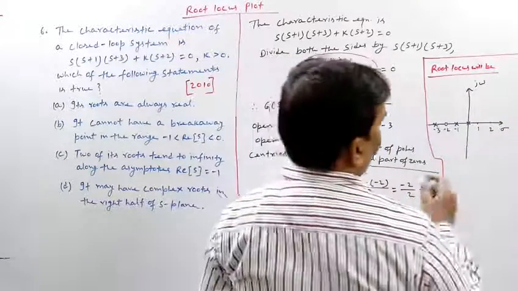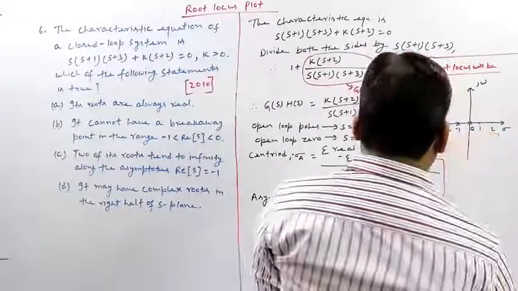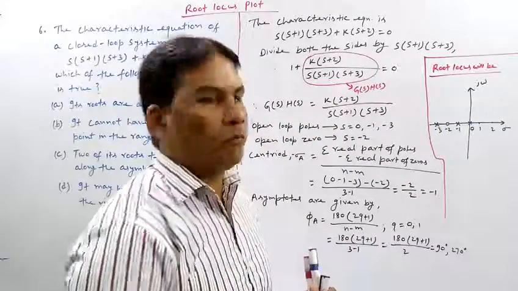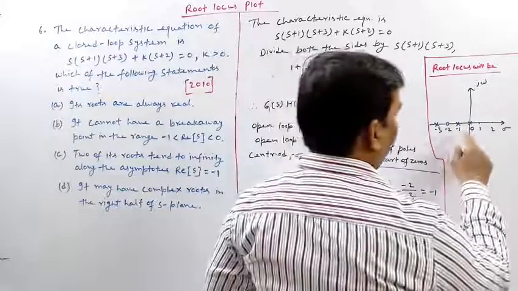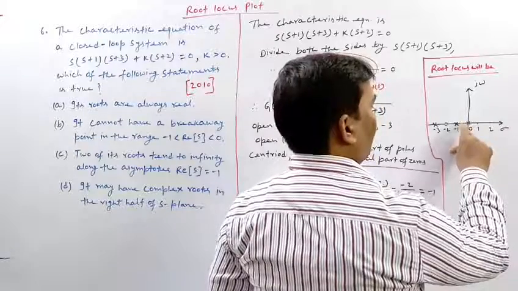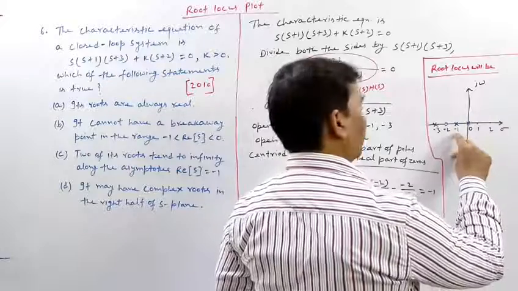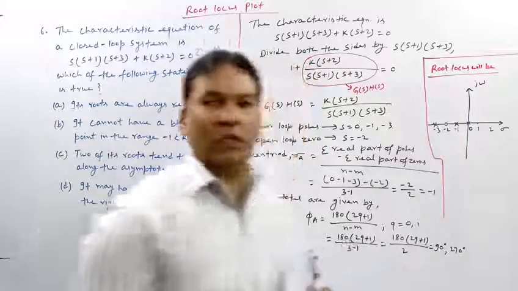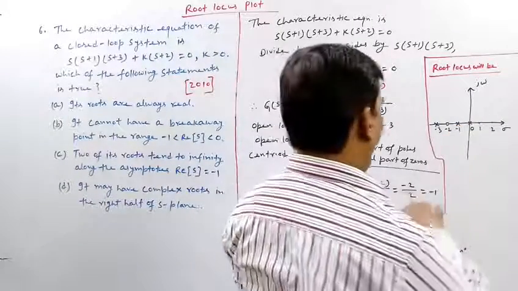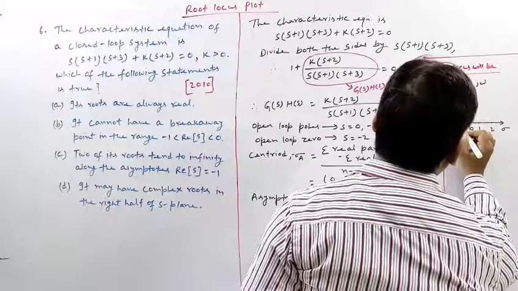Let us see whether this is a part of the root locus or not. From -1 to 0, yes, this will be a part of the root locus. Why? Because the total number of poles and zeros to the right of the branch between -1 and 0 is only 1, that is odd in number. So this branch will be a part of the root locus.